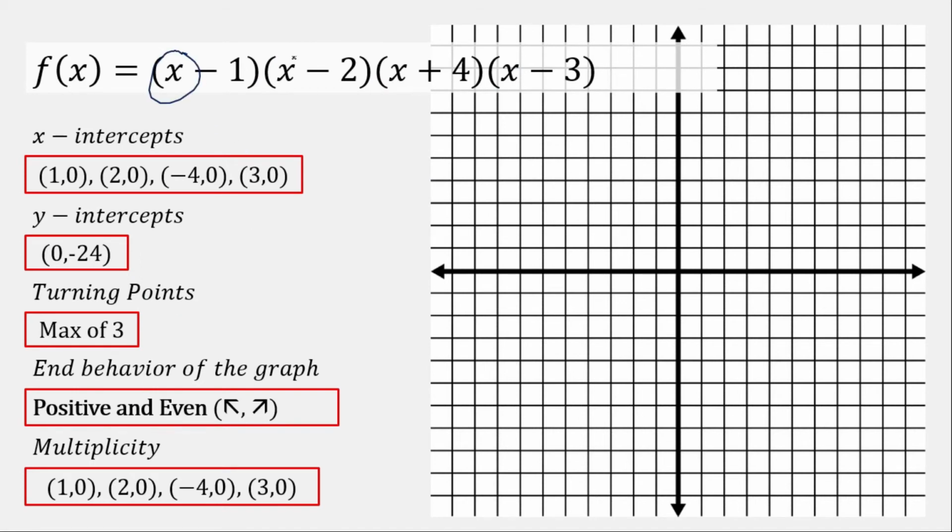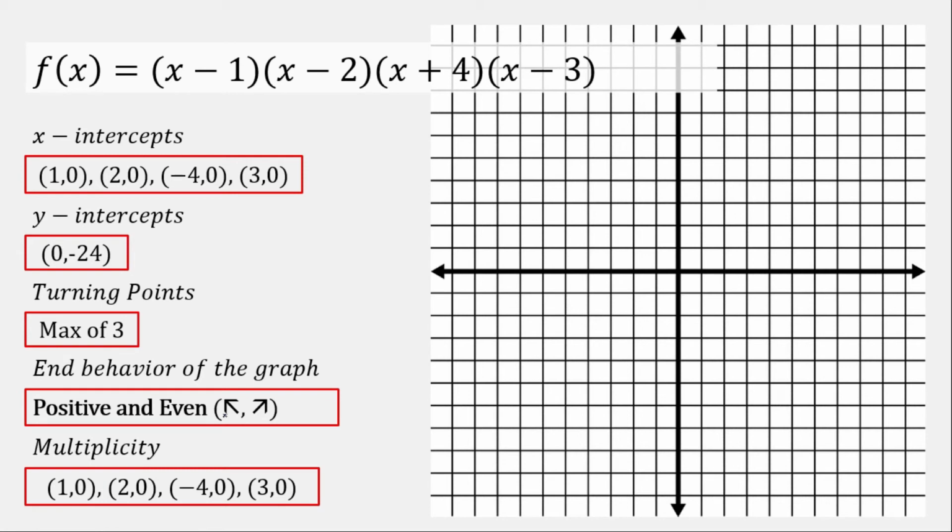All you need to do is multiply the first term of each factor, so x times x times x times x is x raised to 4. So this is positive and even, and positive and even gives us this end behavior. There is no multiplicity, so that's good to know. All of them will cross the x-axis at these values.